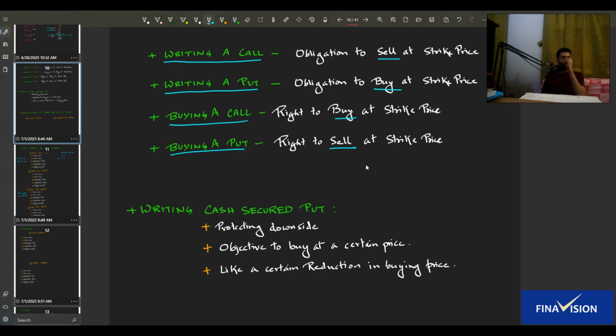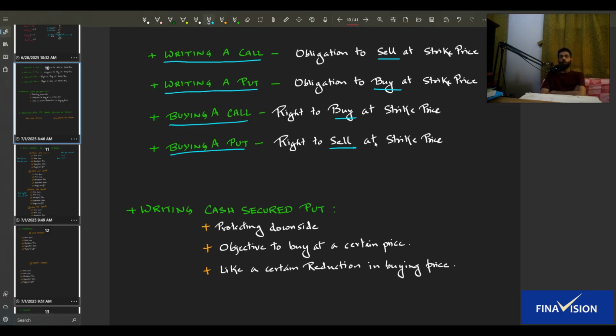So when we are trying to write a put or a call, we are basically trying to earn a premium, and our speculation is that the option will not move against our speculative direction. That is, when we are writing a put, we expect the stock price to go up, or at least not go down to a stage where we have to buy the stock. Or even if the target is to buy the stock at a certain price, that is also a deliberate option.